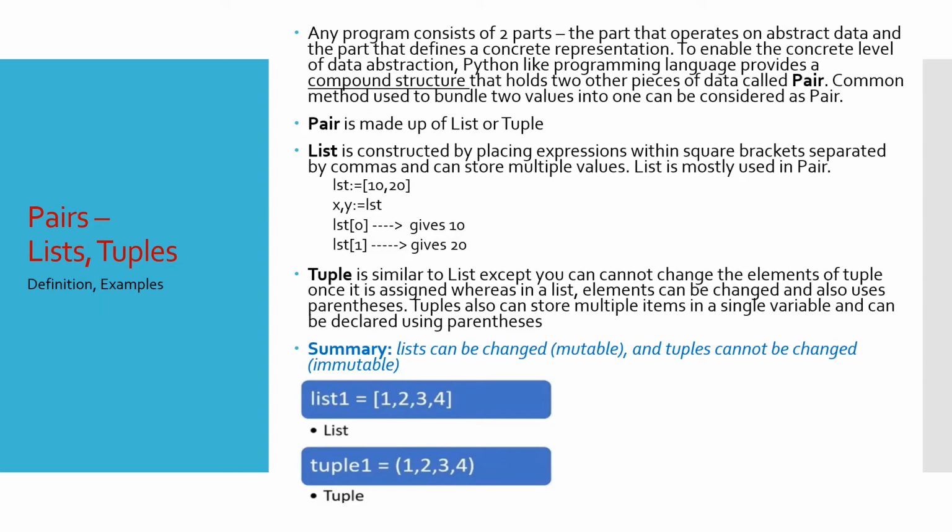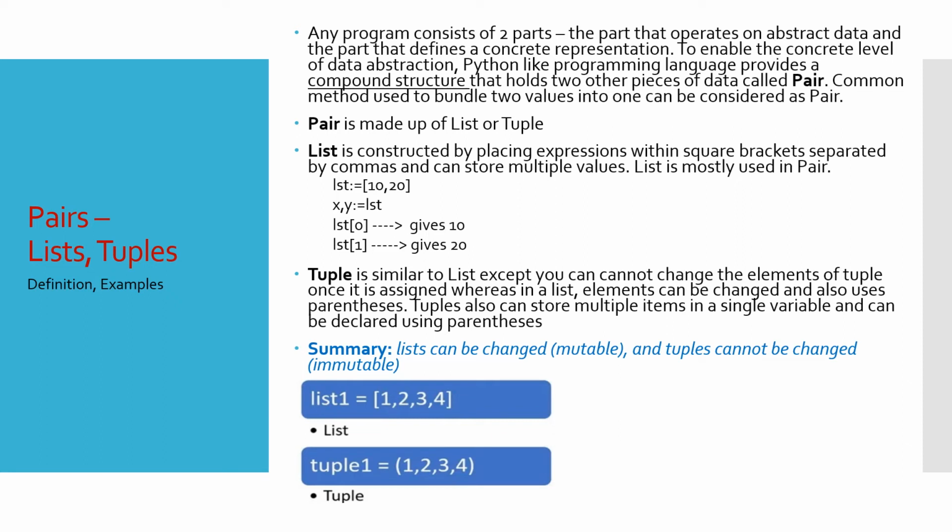Now, as we deep dive into this, the concept of pairs is also important, because when you expand, there are different ways of defining a structure, and how a computer program will understand that as well. So in your book, this has been introduced, and the definition of a pair is important, definition of a list is important, and also tuple is important.